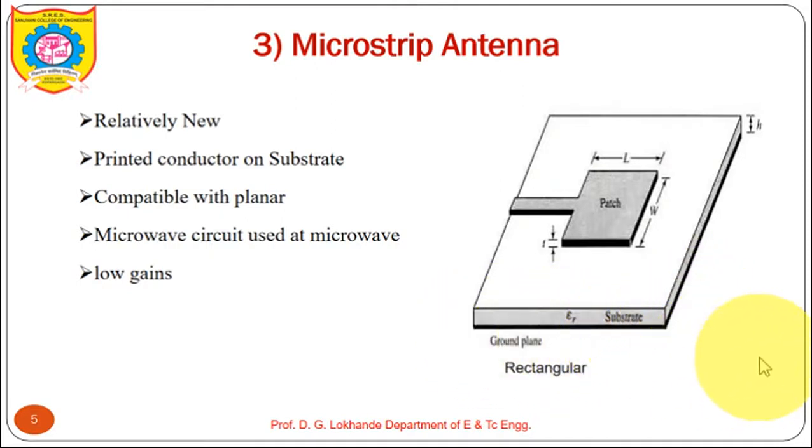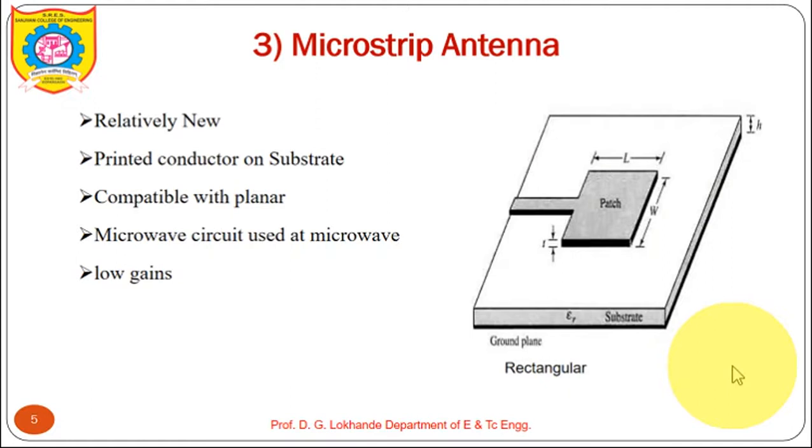There are important components over there, that is the length of patch, width of patch, thickness of the patch, and the thickness of the substrate, that is h. You can choose the epsilon r value as per your requirement according to the design of the microstrip antenna, and based on that the antenna will function on the specified operating frequencies.